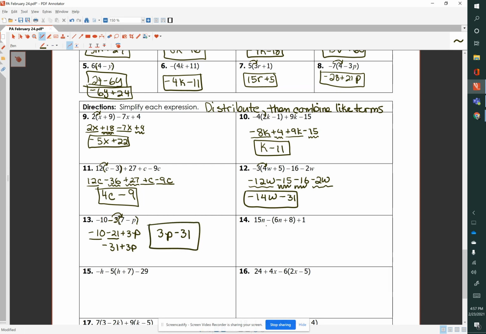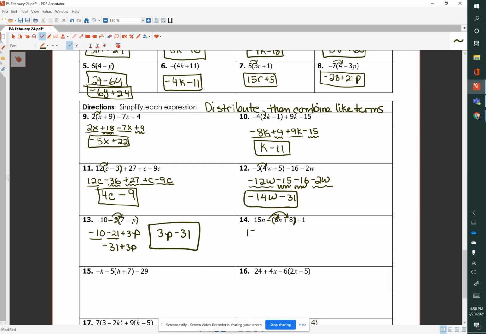Number 14, we have 15n, then we have that negative sign times the quantity of 6n plus 8 plus 1. So first we'll distribute the negative sign, which in this case, when we have a negative sign outside the parentheses, it changes the sign of everything in parentheses, and we do have an invisible 1 there. So it multiplies everything by negative 1, and that's how the signs are changed.